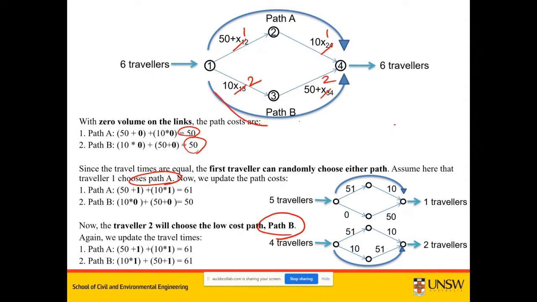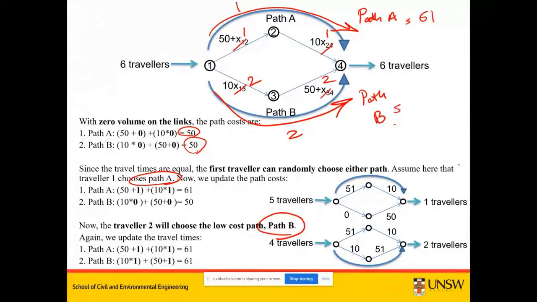Because 2 people are taking this path and only 1 person is taking this path. Now what would be the new path cost? So the new path cost on the top, path A, still would be 61, and on the bottom would be 20 plus 52, and that is 72, right?